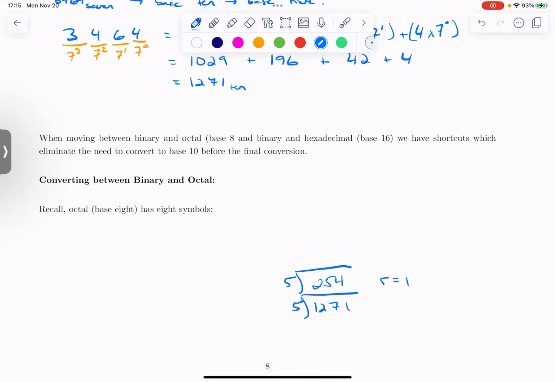254 divided by 5 is 50, and 50 times 5 is 250, so I have a remainder of 4. 50 divided by 5 is 10, with a remainder of 0. 10 divided by 5 is 2, with a remainder of 0.